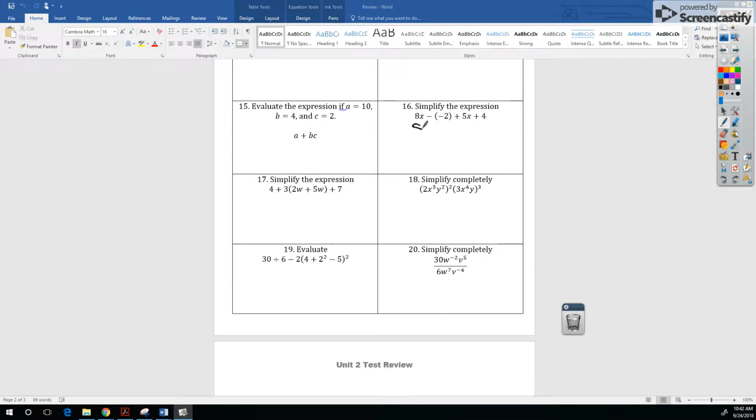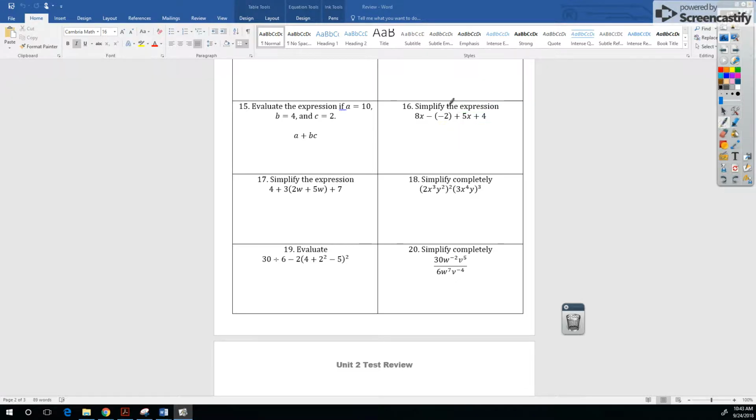We know that minus a negative means positive. My like terms, 2 and 4, so that's 6. 8x and 5x, and that's 13x. Notice I'm not adding to both sides, subtracting to both sides, none of that, because there are no sides. There's no equal sign here. It's not an equation, it's an expression.